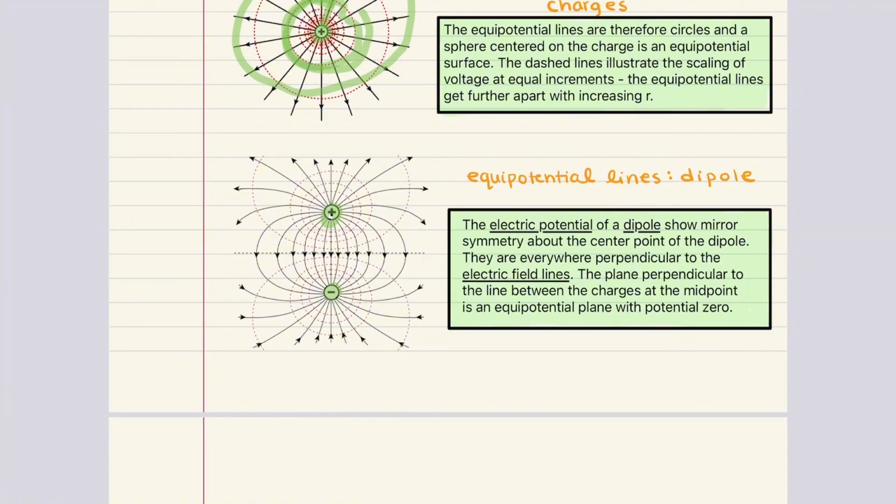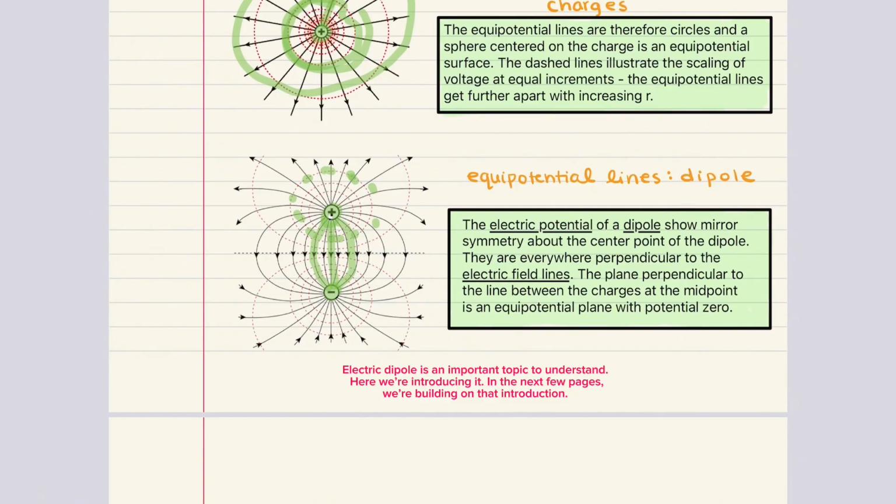In the case of the dipole, the equipotential lines show mirror symmetry about the center point of the dipole. The field lines between the charges curve sharply, and the equipotential lines are everywhere perpendicular to these electric field lines. So here are the electric field lines, and here are the equipotential lines around the dipole.